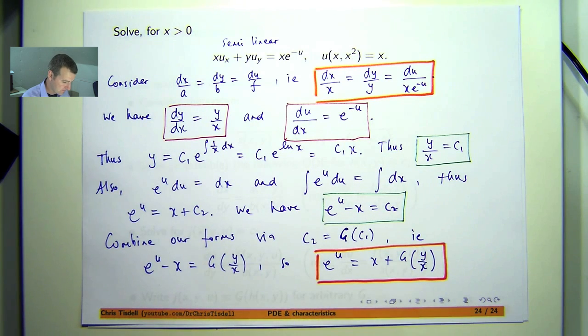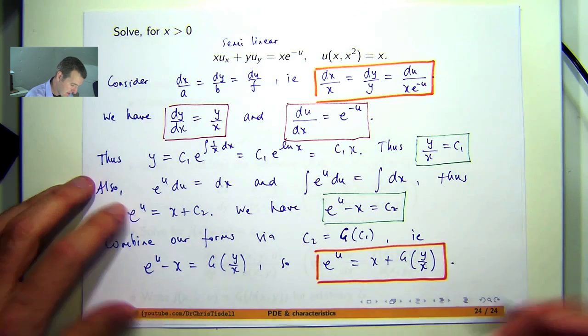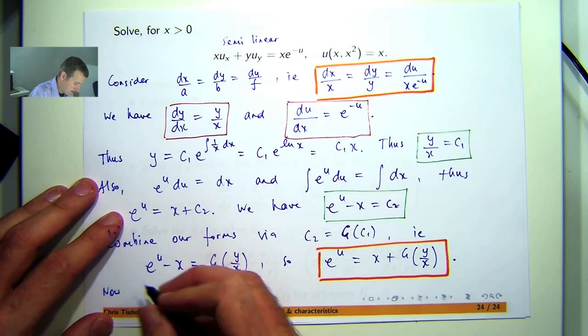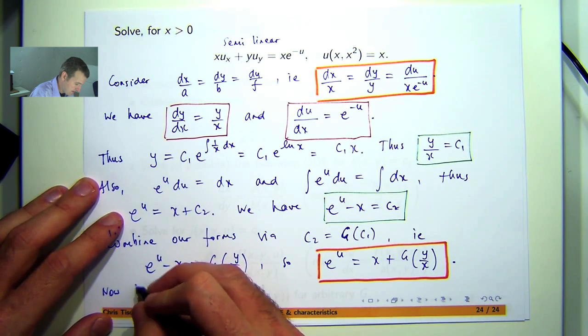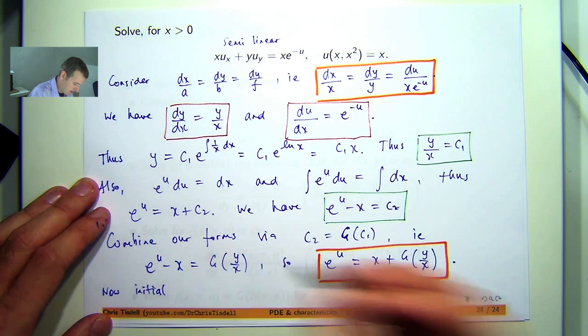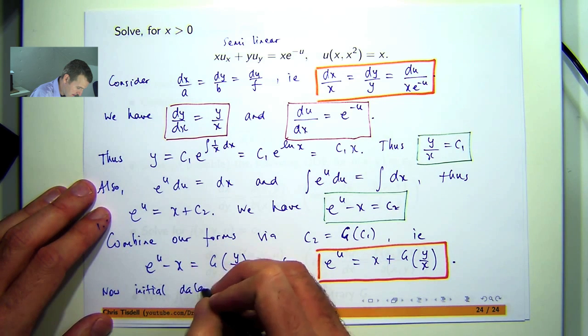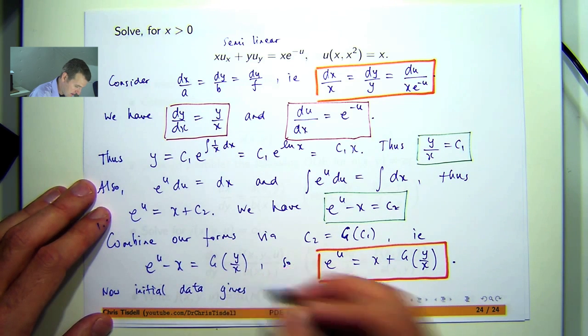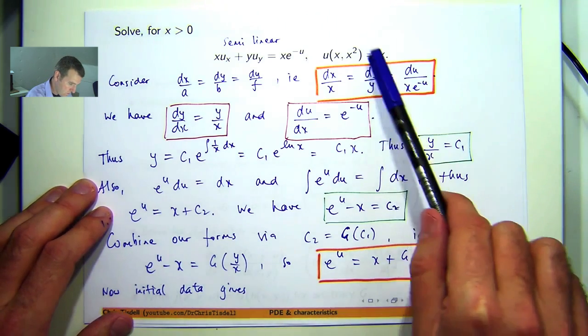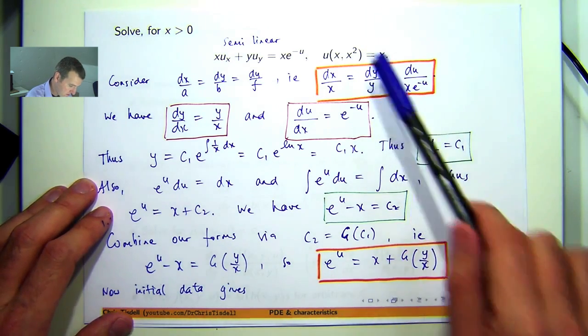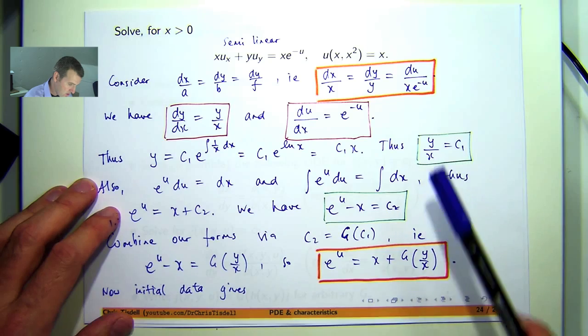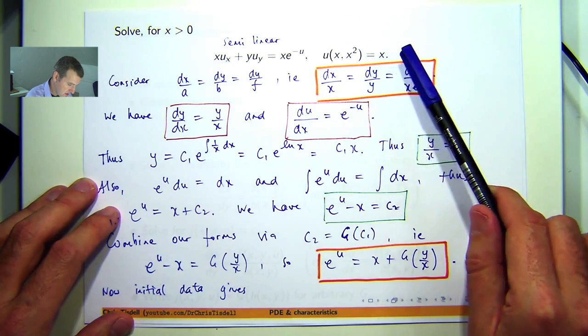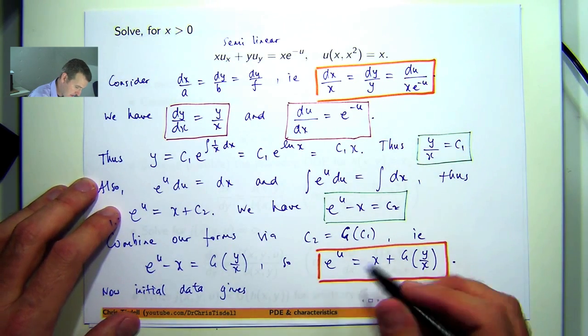So the initial data gives, when y equals x squared, u is x.